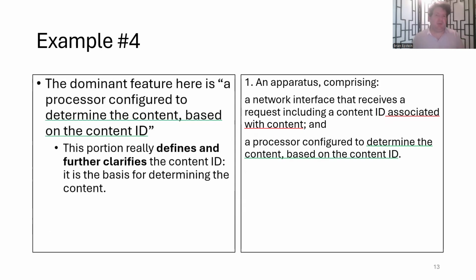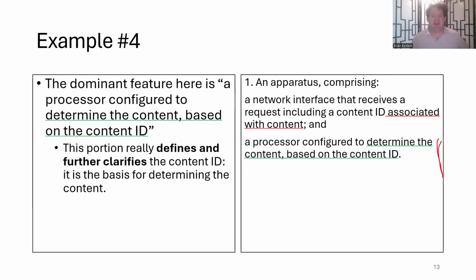Well, in this example, the dominant feature is a processor configured to determine the content based on the content ID. Okay, this, the second one in green, Midori Yoroi. This portion really defines and further clarifies the content ID.